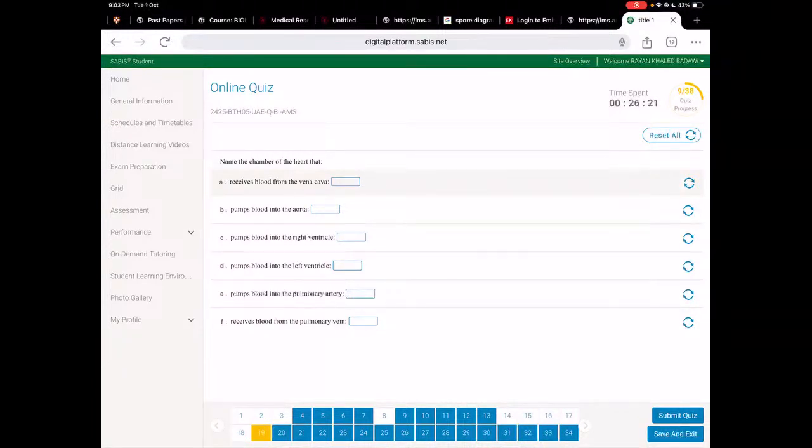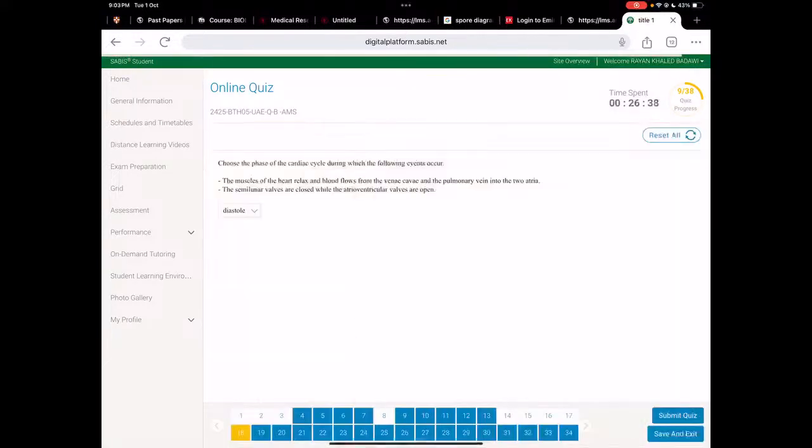Okay. I'm not going to type each one because I think we know them already. I'm just going to say them. So what receives blood from the vena cava? We said it's the right atrium. Which one, Omar? Number 18?